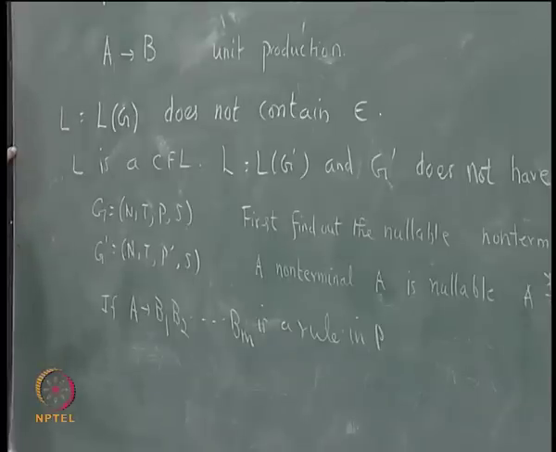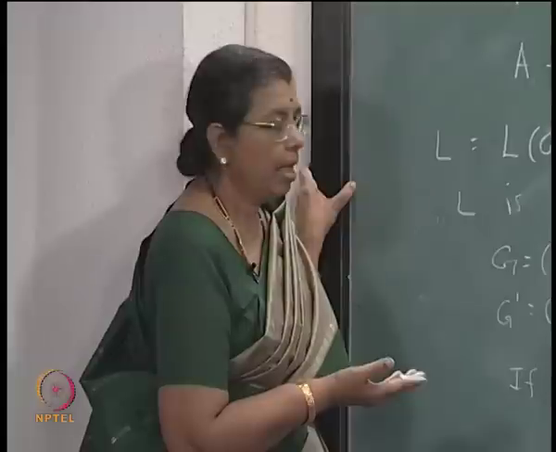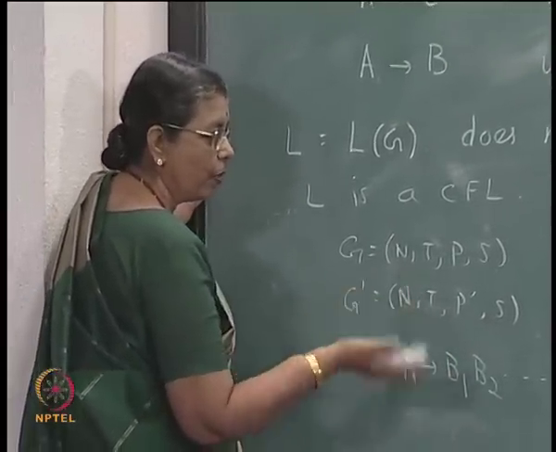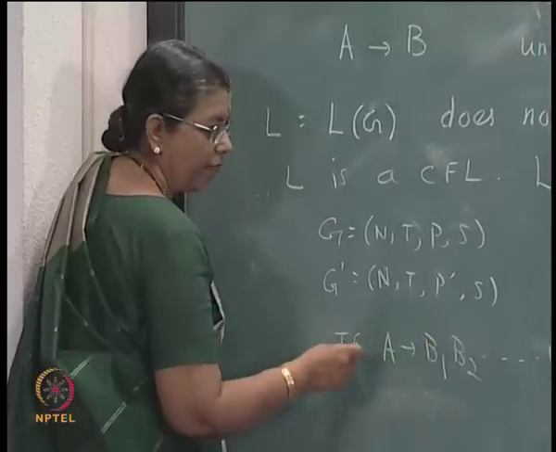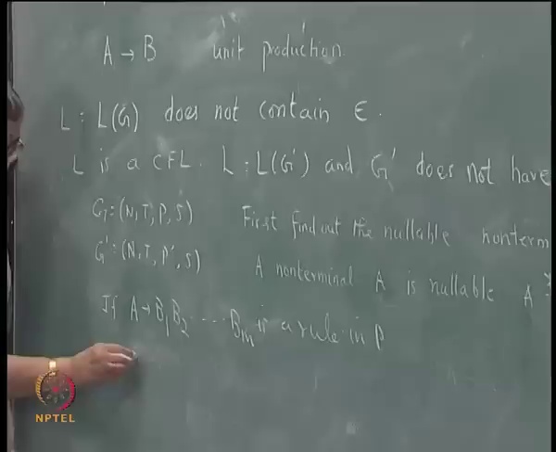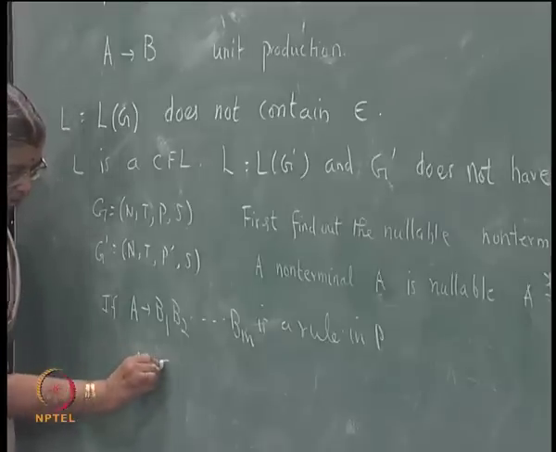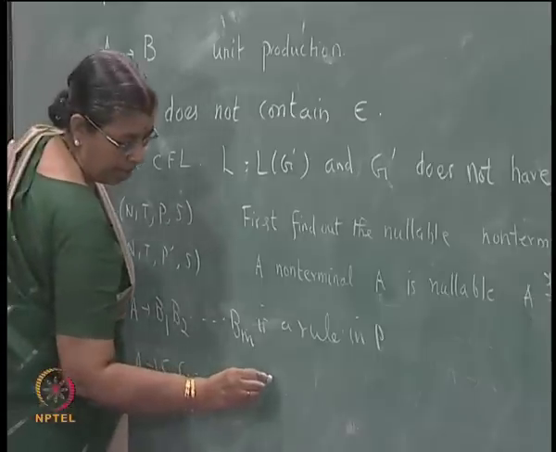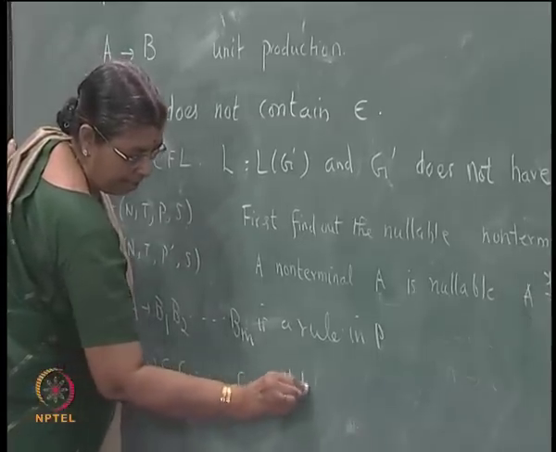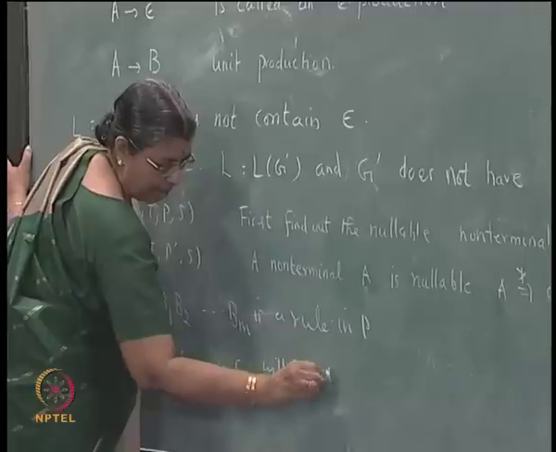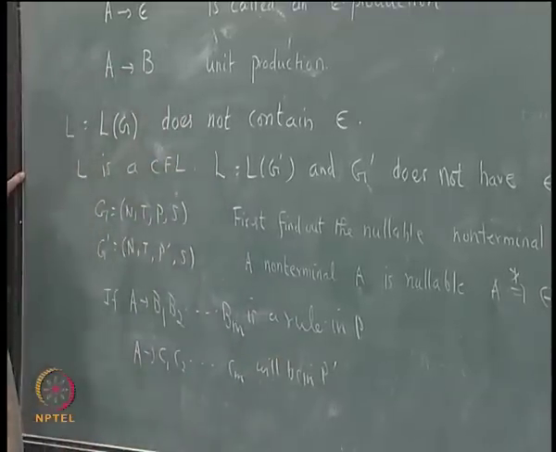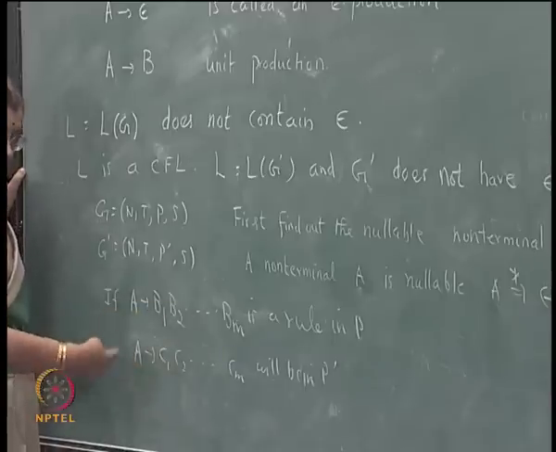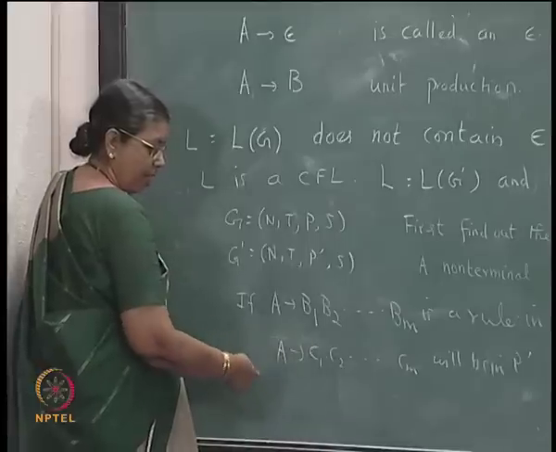The number of rules in P' will increase. So, take a rule in P. For this, what sort of rules will you add in P'? If A goes to C1, C2, ..., Cm is a rule in P, then the following will be in P'. This is not a single rule, it will represent a set of rules. What is that set of rules?